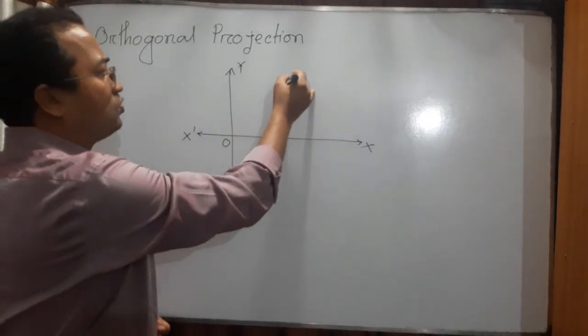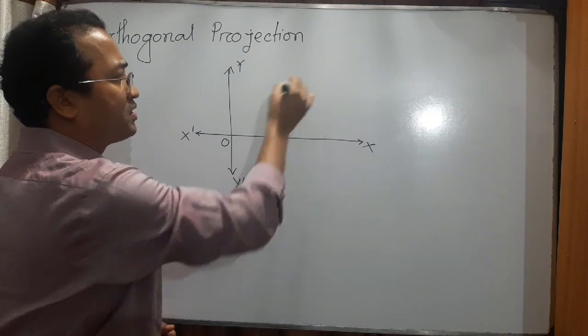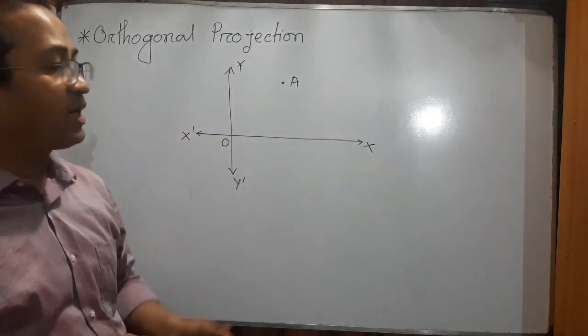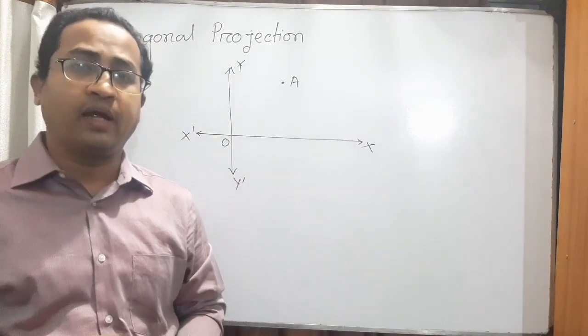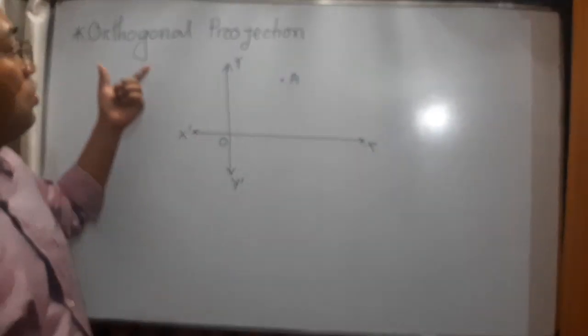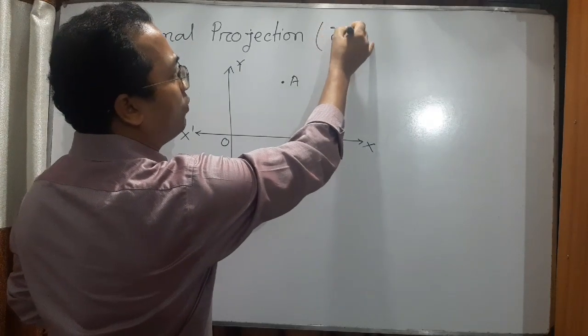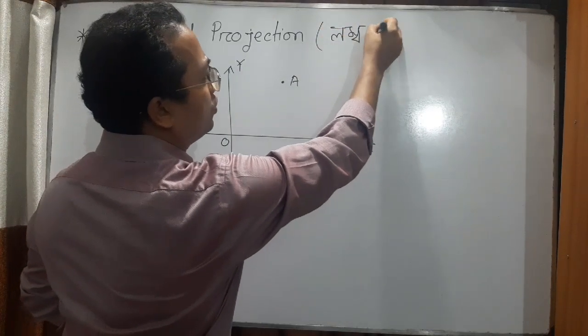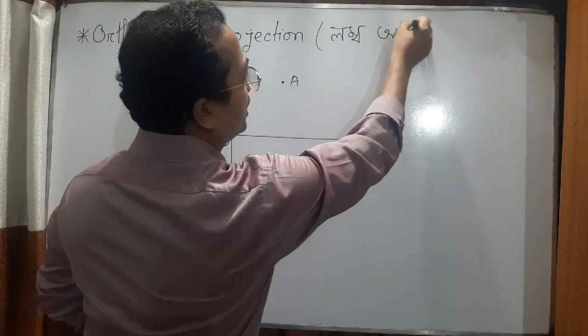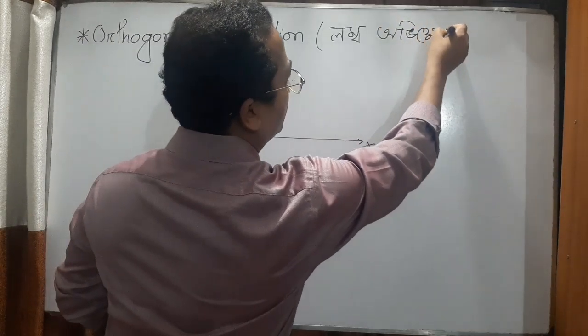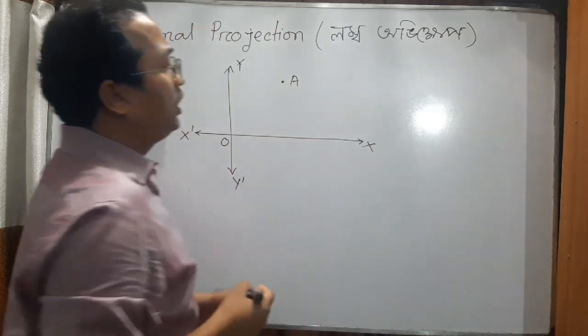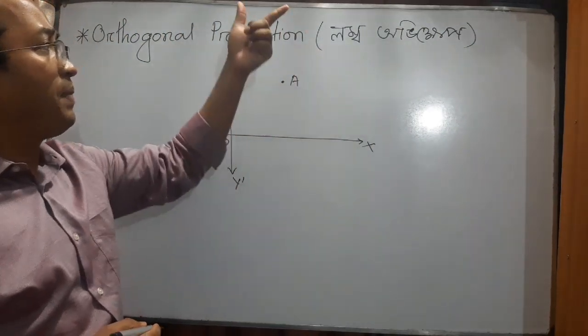Now, for the orthogonal projection of a point, you take a point. Say this is A. If you want to find the orthogonal projection of A, you should draw the perpendicular. Actually, orthogonal projection in the Bengali term is called lombo obhikkhepon. Lombo means perpendicular.